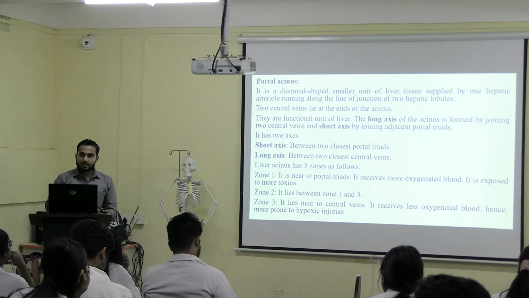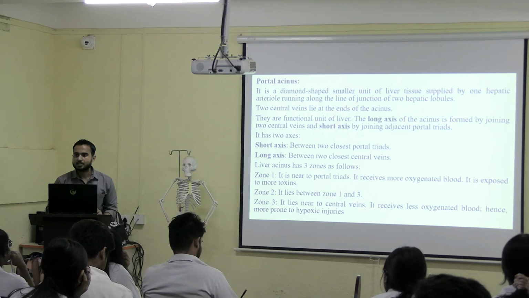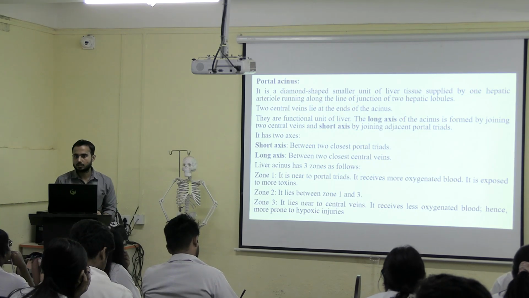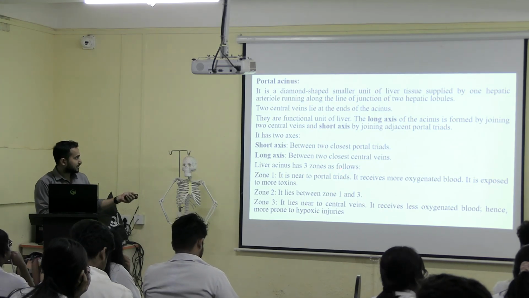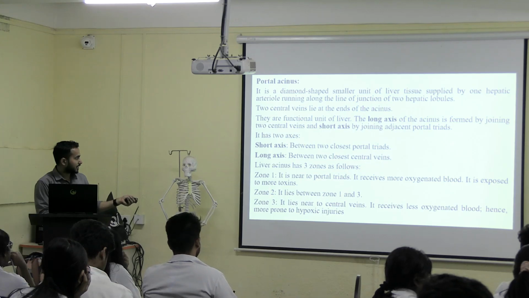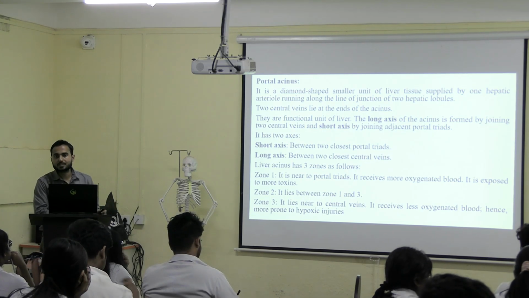Next, the artery which is supplying that particular area, the portal acinus: depending on the area of supply, 3 zones are there. As you can see, the liver acinus has 3 zones: zone 1, zone 2, zone 3. And it has some important clinical significance.